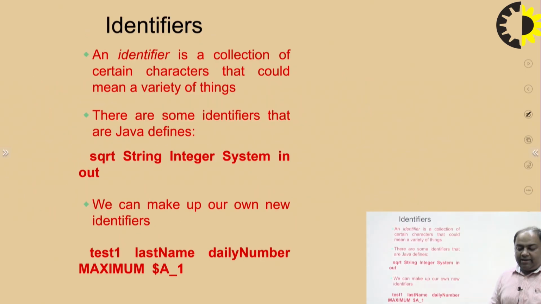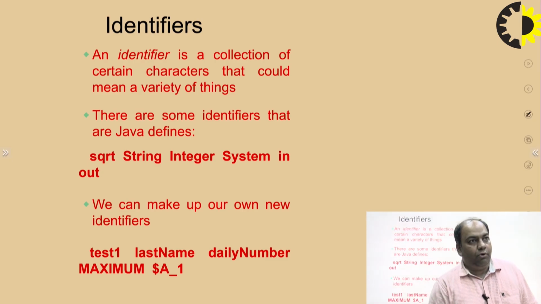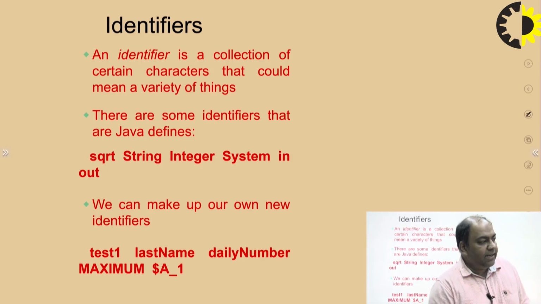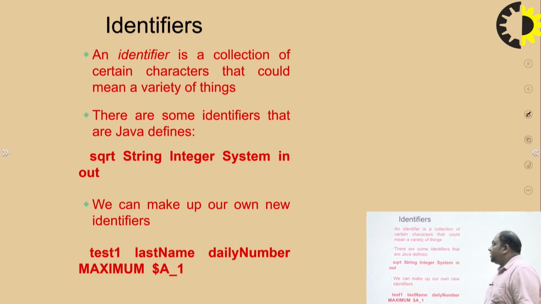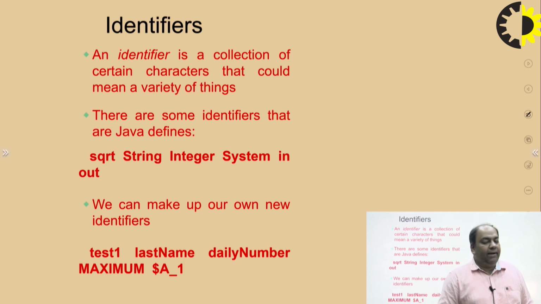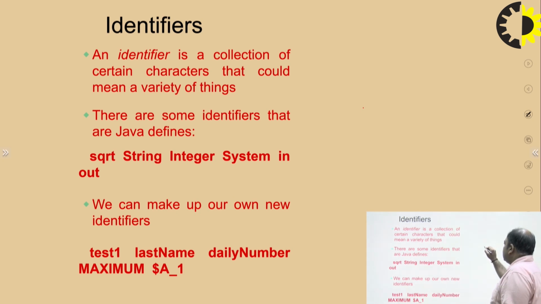Now, how will we identify a program in Java? So, for identifying the programming in Java, we use identifiers. Basically, what is the identifier? Identifier is a collection of certain characters that could mean a variety of things. I write identifier my name, Mukulit.